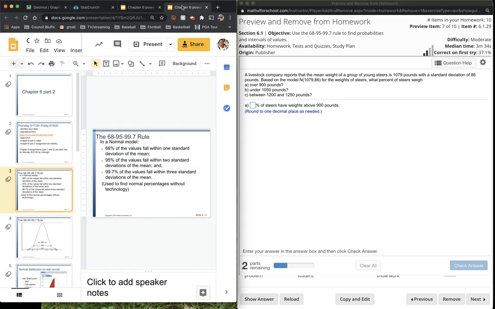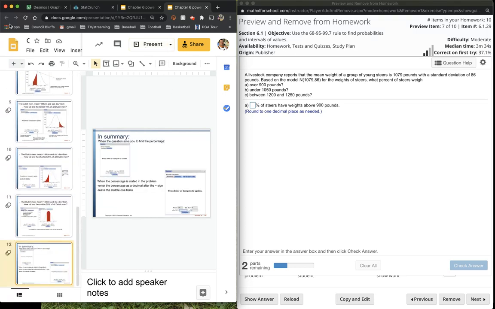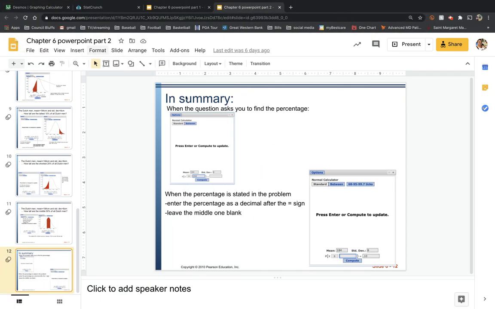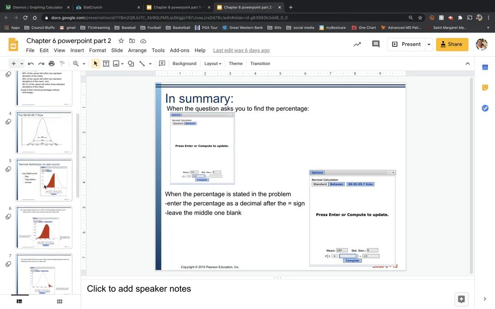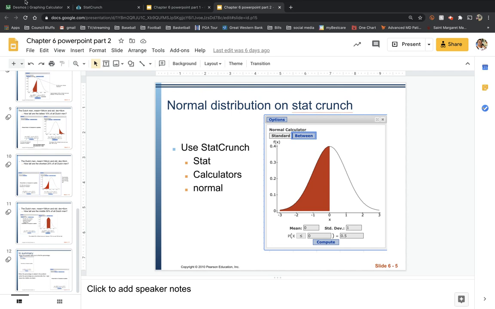So remember, this goes to the second part of Chapter 6. We are using StatCrunch. We're using our normal calculator. So we go to stat, calculators, and normal.